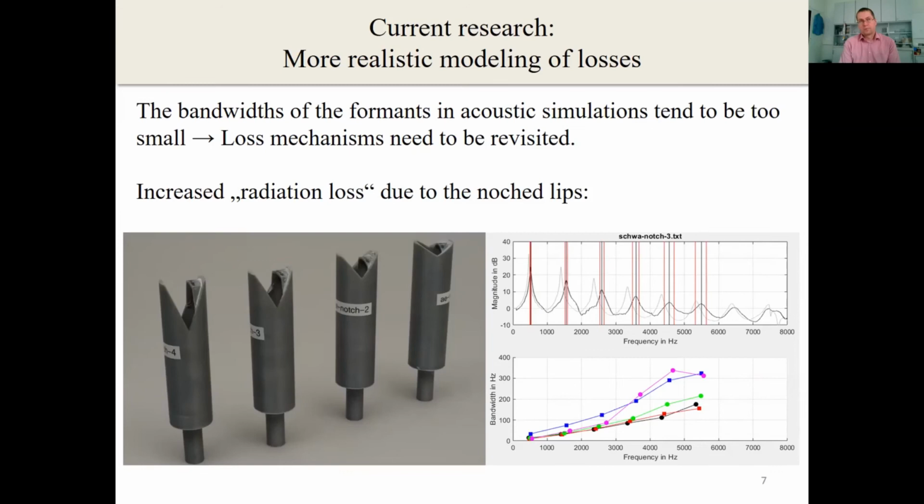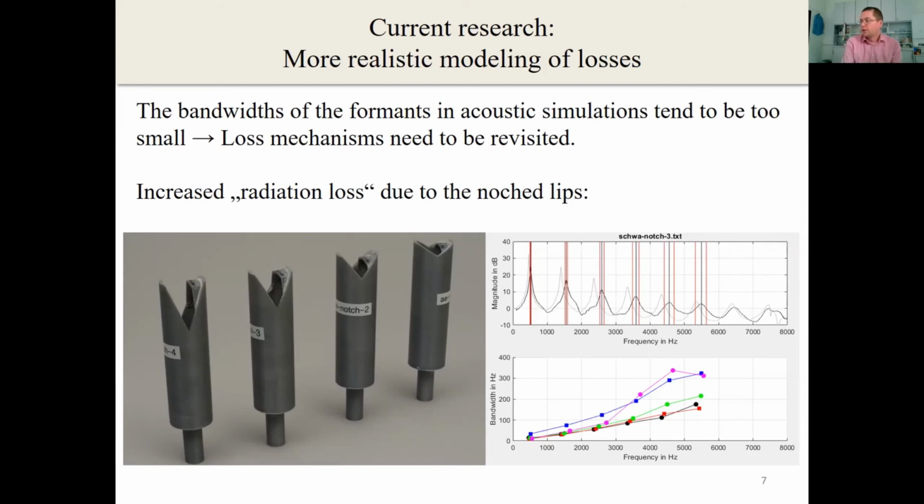One suspicion is that the losses in the model or the simulation are too low because the simulation models don't consider the notches of the lips. When you see these simplified 3D printed vocal tract resonators here, we made them with notched lips with different notch depths.